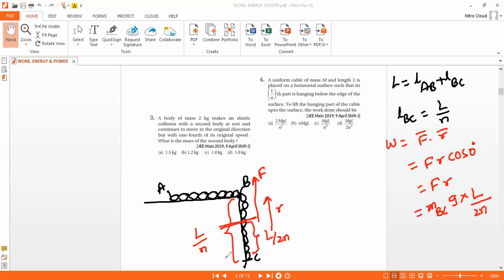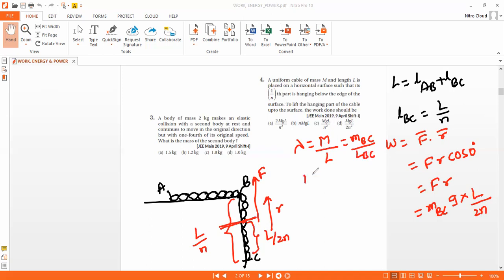Now I will find the mass of BC. Since the entire chain has constant linear density, the mass per unit length, that is total mass of the chain by total length, equals mass of BC by length of BC.